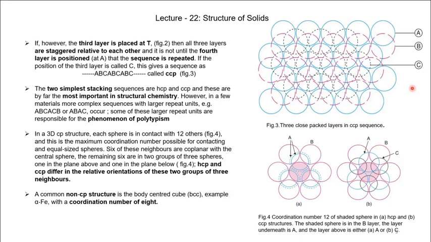Then the fourth layer is again like layer A. So the arrangement becomes ABC, ABC, ABC, and we call that the cubic close packing.